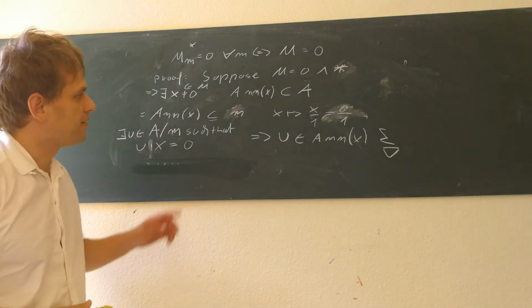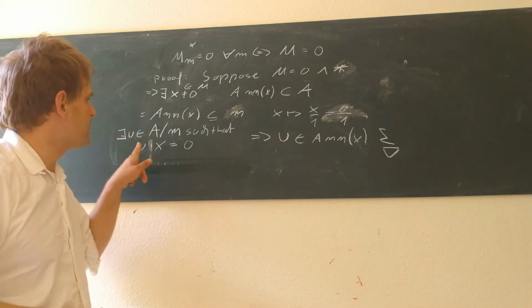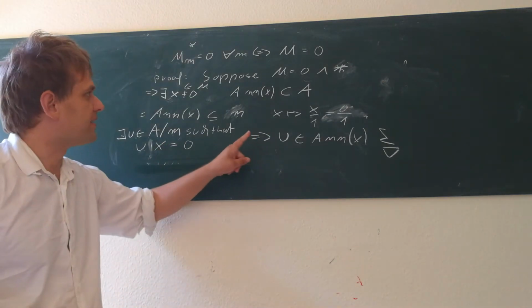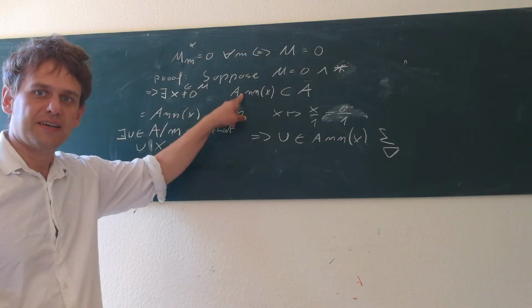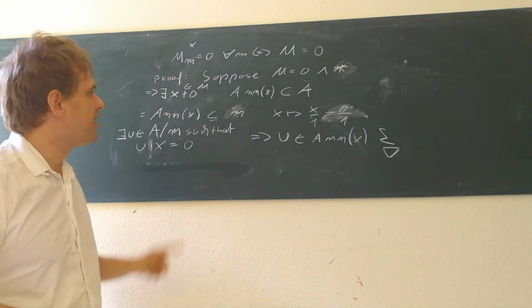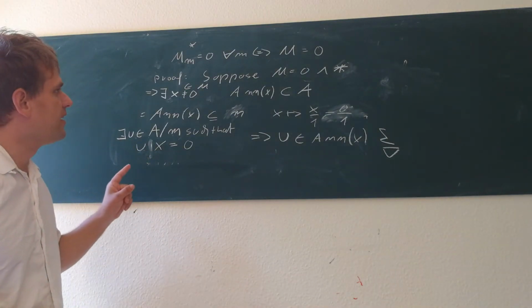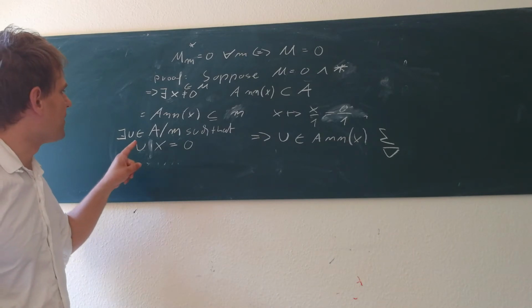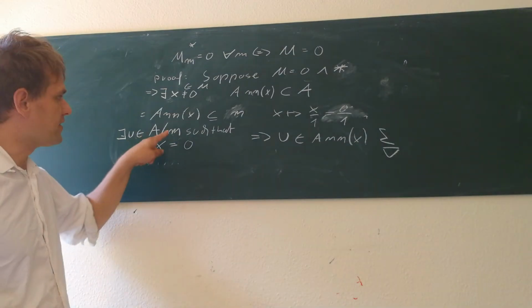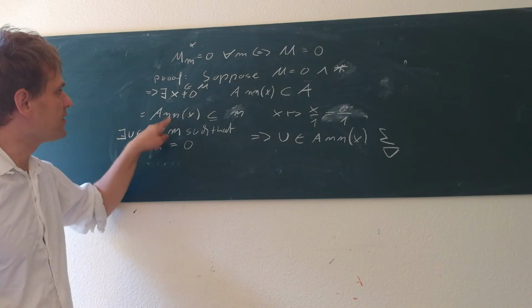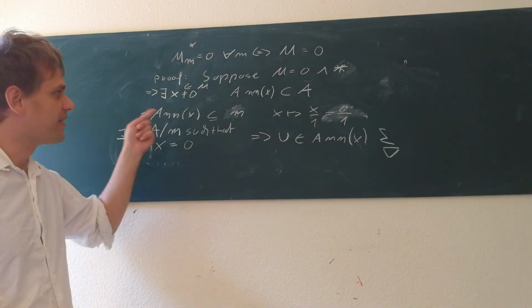But now think about what this means. This means that u is in the annihilator. But this is a contradiction, because u is not in m, but m contains the annihilator.